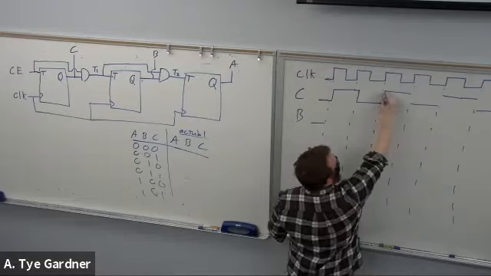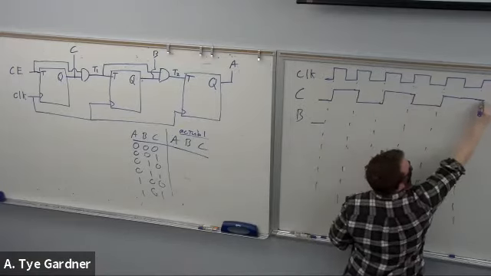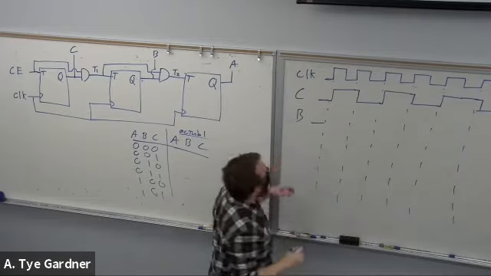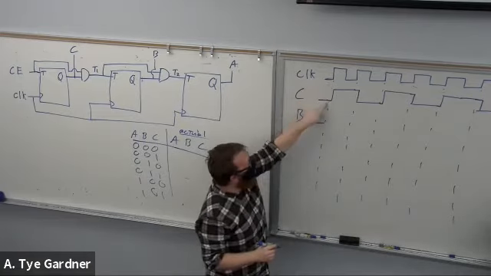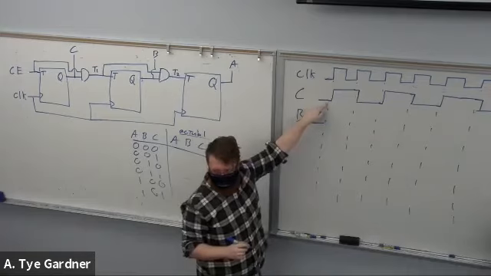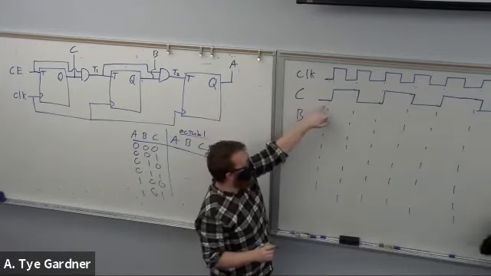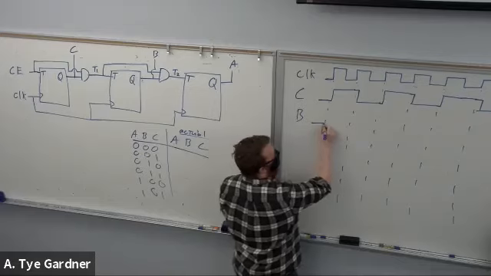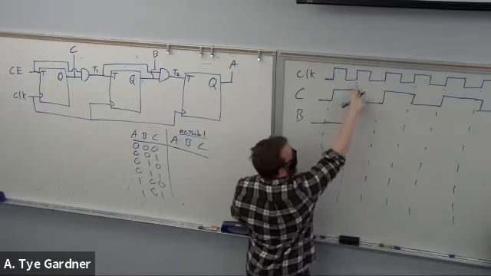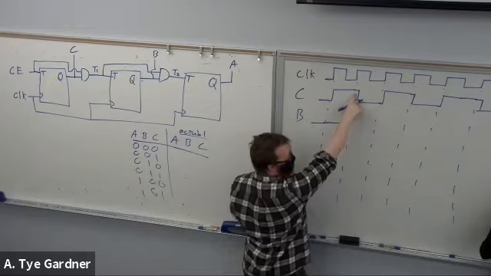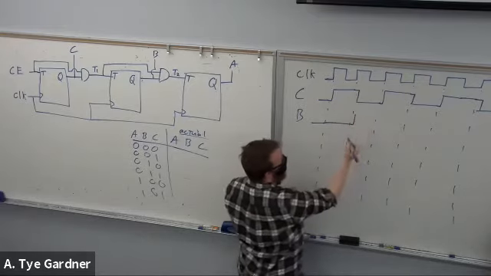Sometimes the ideal situations actually kind of cause a bit of an issue. Okay, so we have a rising edge here. C is not yet 1, so that means B stays 0. But now I have a rising edge of a clock and I have C. So with a little bit of delay, it's going to toggle.